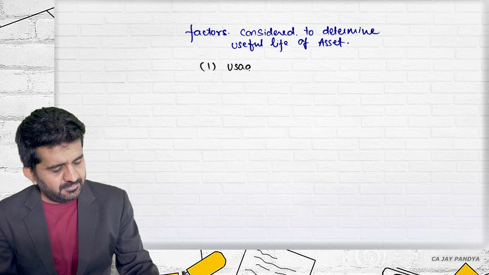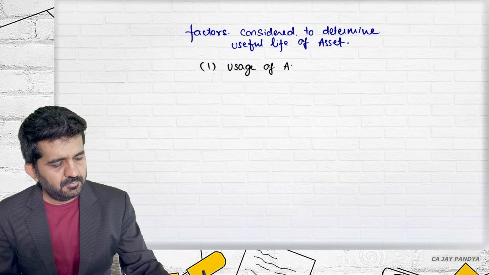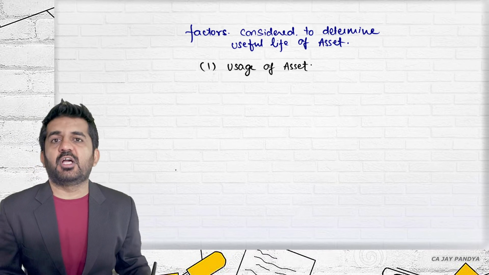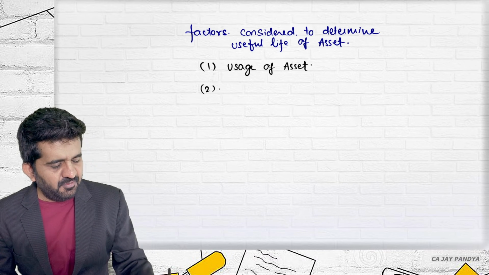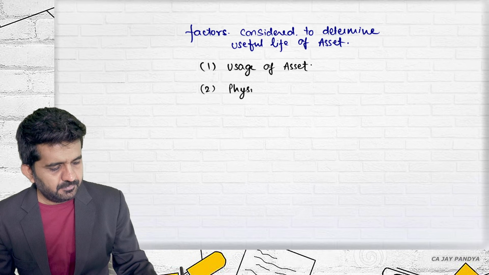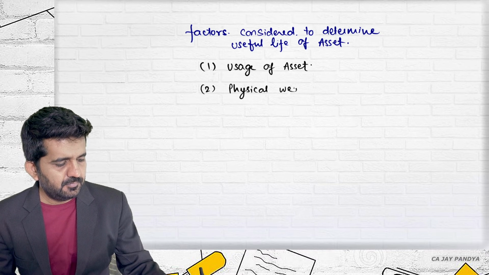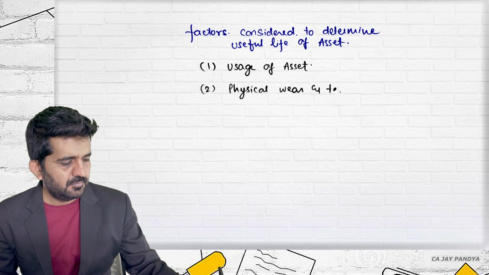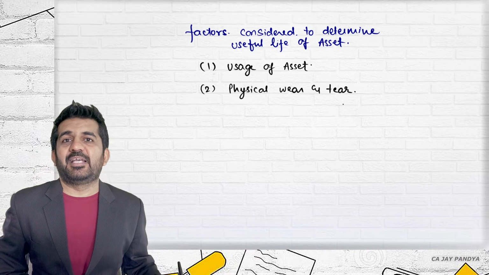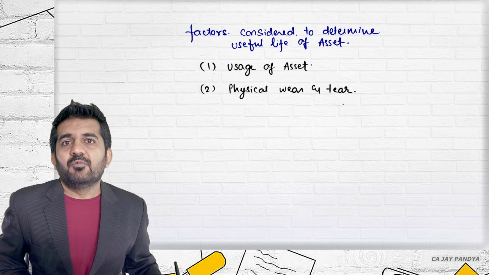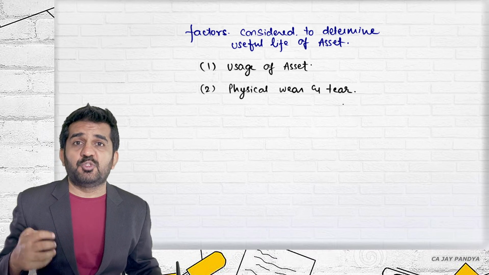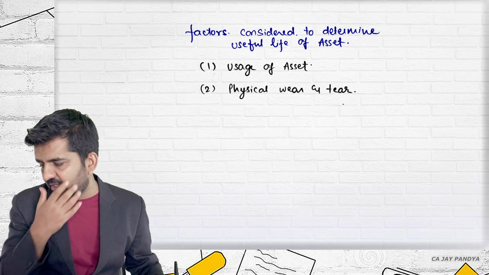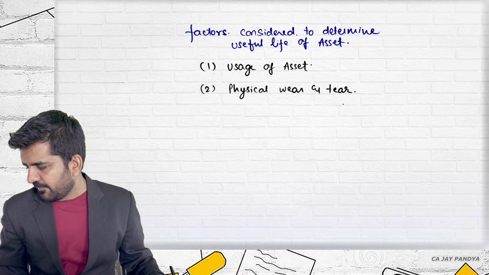Usage of asset. You need to forecast for how many years this asset will be used. Physical wear and tear. So there are some assets which are of iron, the wear and tear might be less. Some assets might be of plastic, wear and tear might be more.